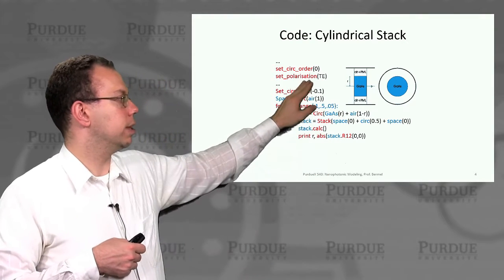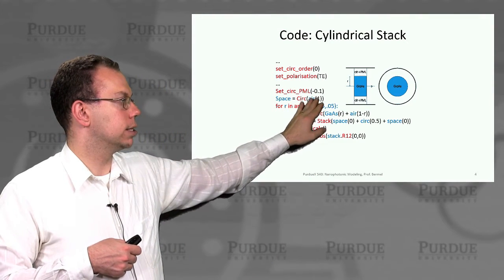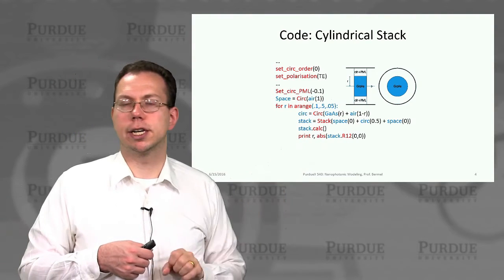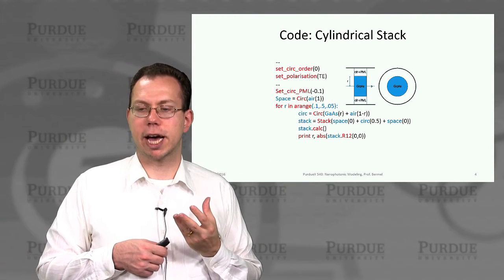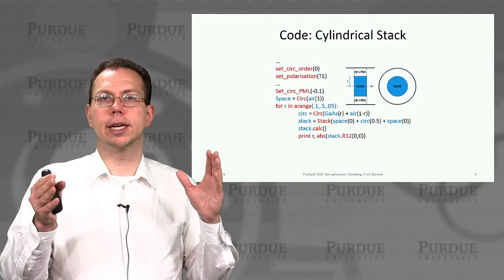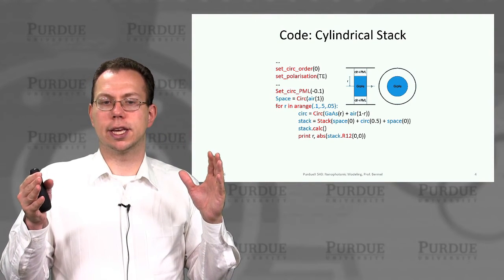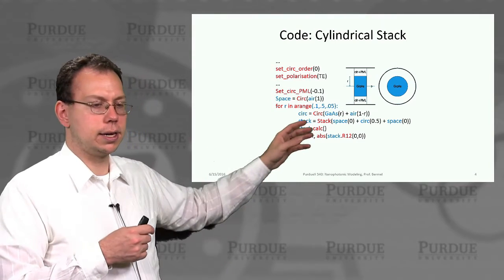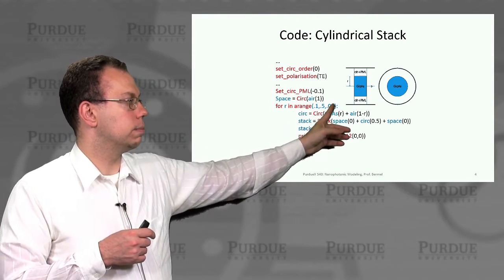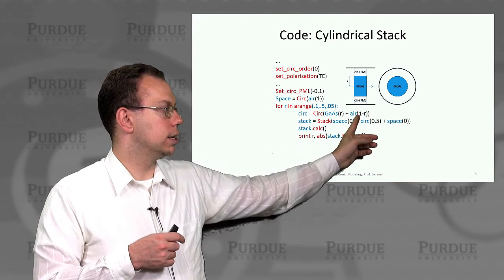And so you can see the way that we set this up is, first of all, we have to have these circular PML boundary conditions, which stands for perfectly matched layers. This ensures that if the fields get too far away in the radial direction, they get absorbed. And then we have to set up an air circle to go above and below the gallium arsenide.